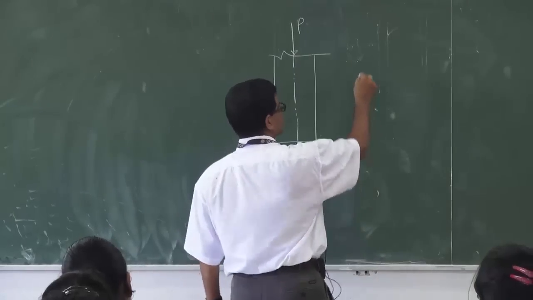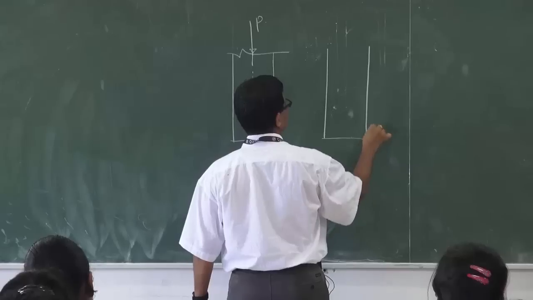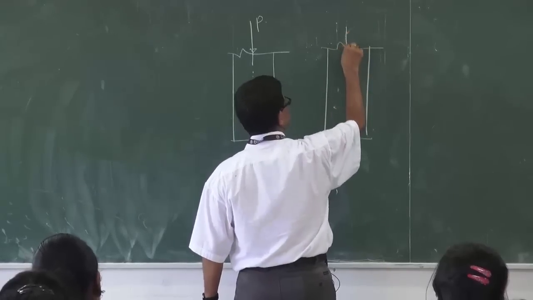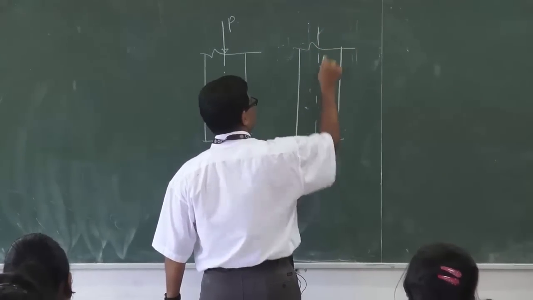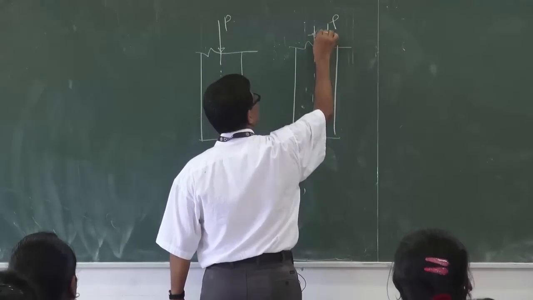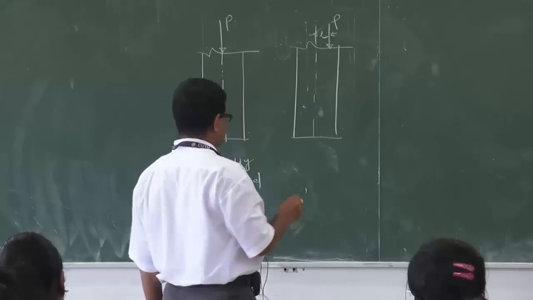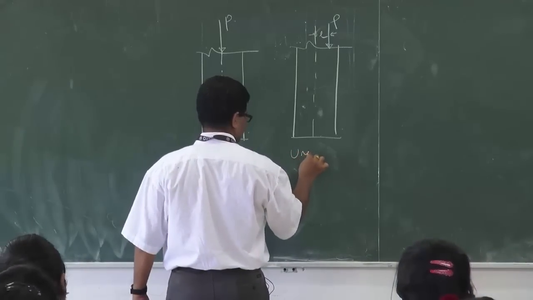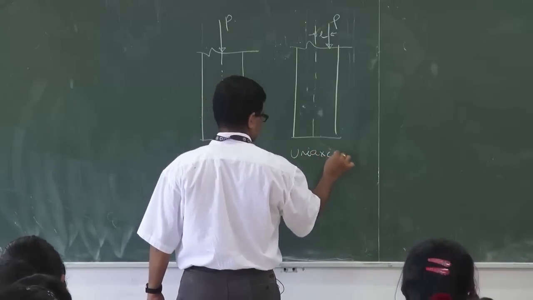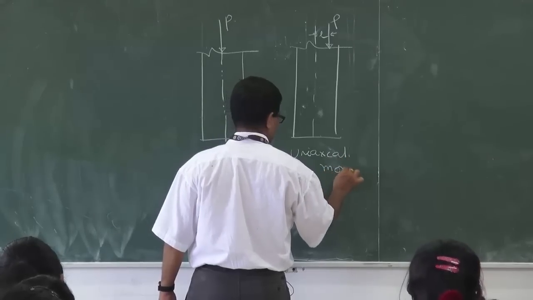Now sometimes the load may be at an eccentricity. Instead of the central line, it will act here at an eccentricity e. So this is called a uniaxially loaded column, or subject to uniaxial moment.